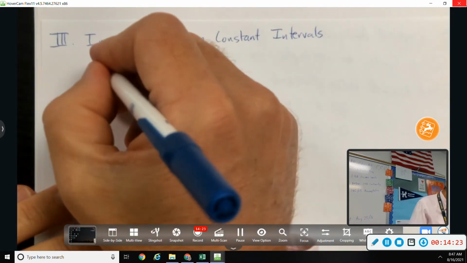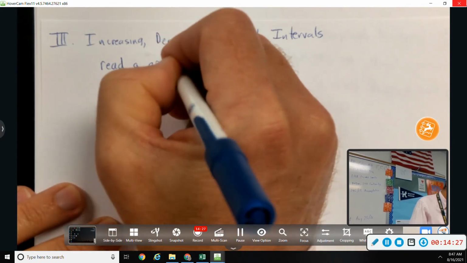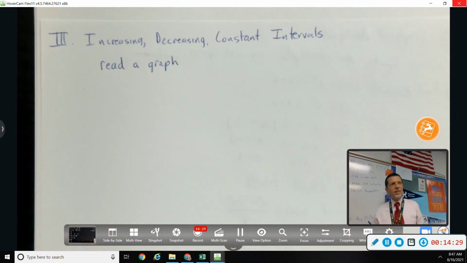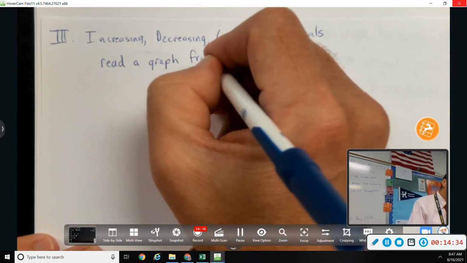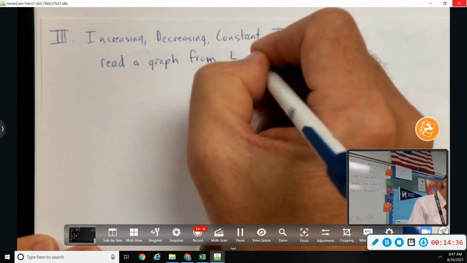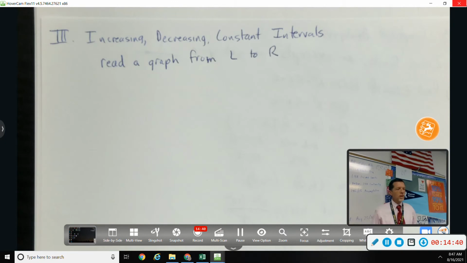I don't know that I really need to write this down, but we read a graph like we read a book, from left to right. So some people get confused, and we'll see a picture in a minute that is intentionally confusing, but you read the graph like you read a book, working from left to right.